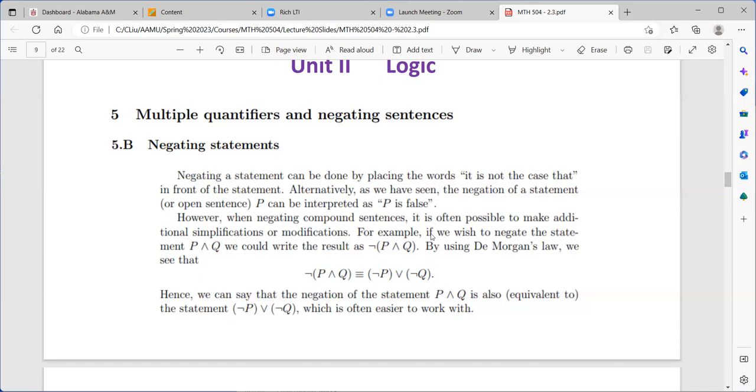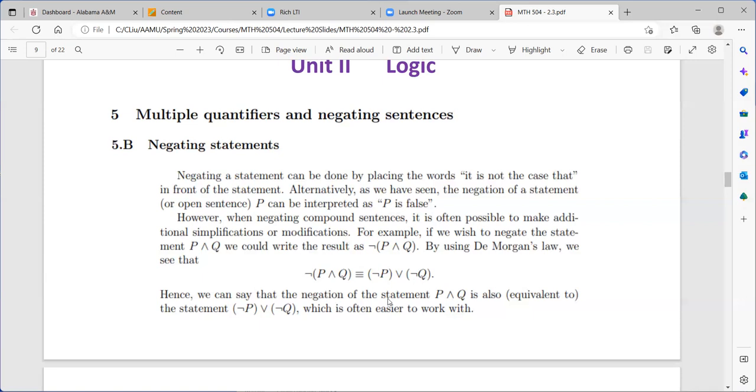For example, if we wish to negate a statement P and Q, we could write the result as the negation of (P and Q). But if we use De Morgan's law, that's actually equivalent to the negation of P disjoined with the negation of Q, right?